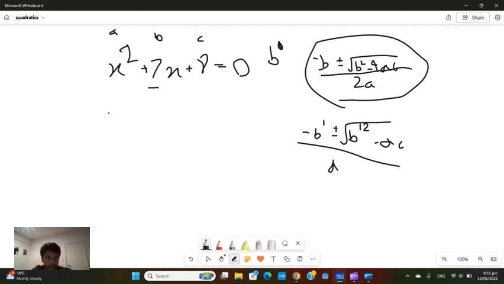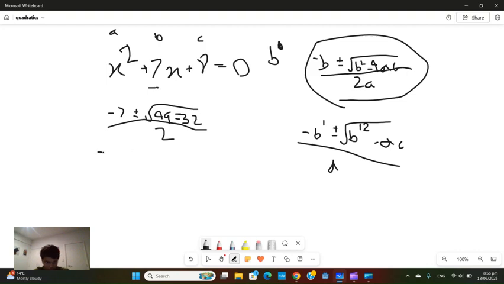So we're going to plug it in. Negative 7 plus or minus. The plus or minus here is basically how in the previous ones you had two different answers, right? So plus or minus will determine the two different answers here. So what's 32 divided by 2?